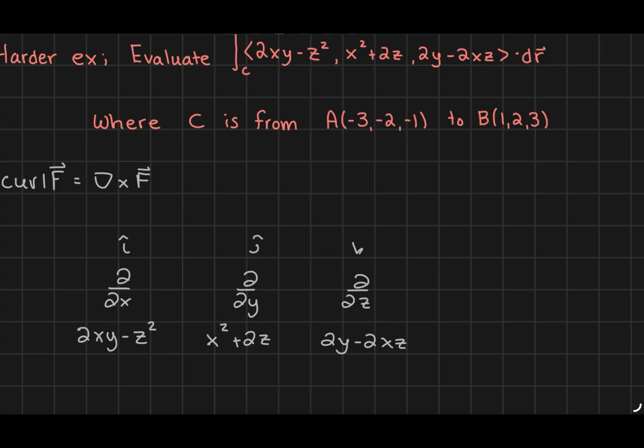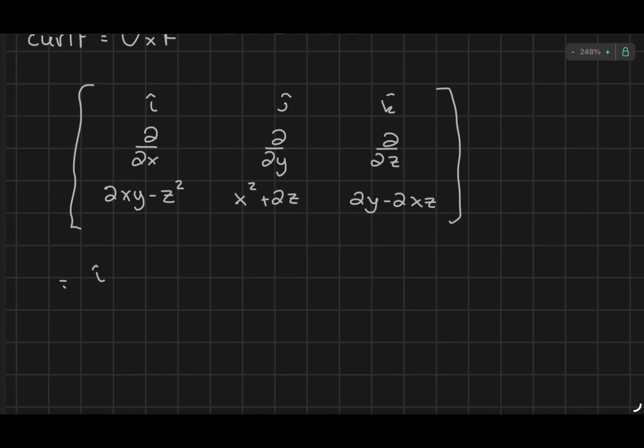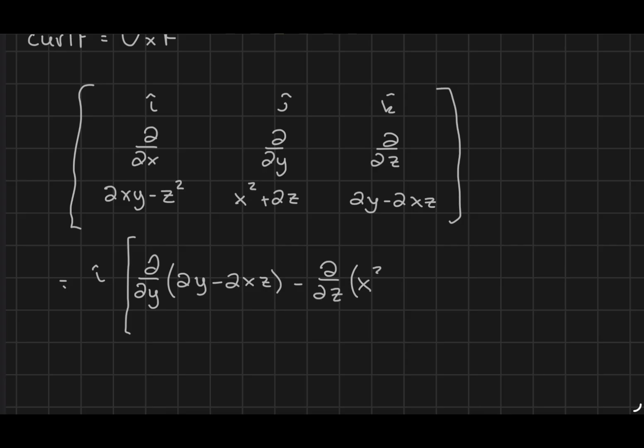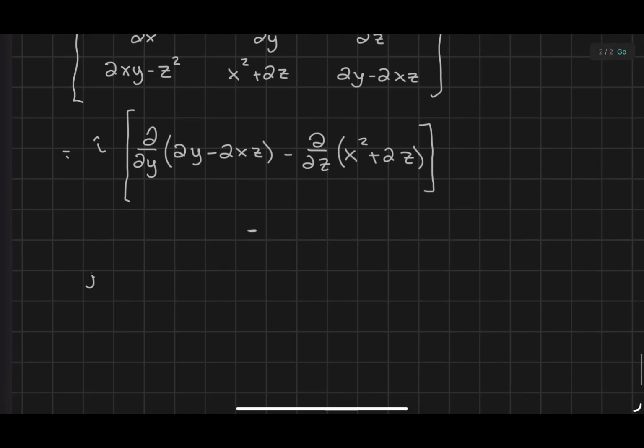This is three-dimensional, so we're looking for the zero vector here. Let's solve this. The i component is going to be d/dy of 2y minus 2xz minus the partial of x squared plus 2z with respect to z.